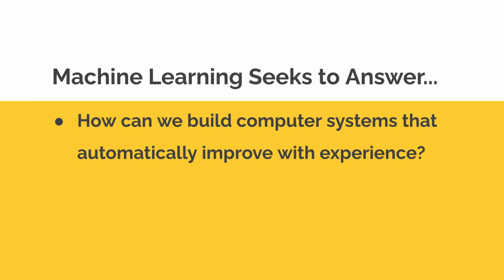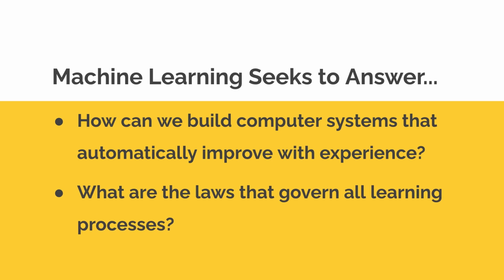Number one, how can we build computer systems that automatically improve with experience? And also, what are the laws that govern all learning processes? These are the two fundamental questions that ever since machine learning was started as a field, this is what the field is seeking to answer.